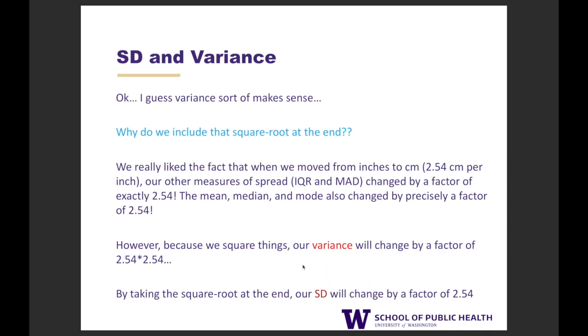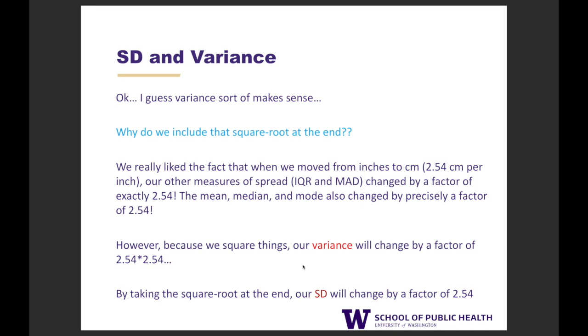Another way of thinking about this is that if we scale all of our observations by 2.54, moving from inches to centimeters, then the mean and the median change by exactly 2.54, but in addition, the interquartile range and the mean absolute deviation also change by exactly 2.54. Excellent.